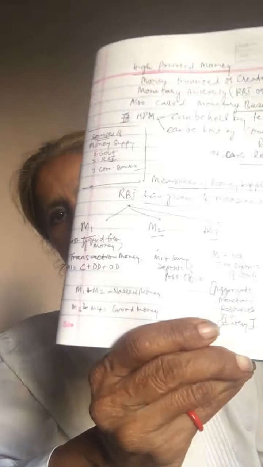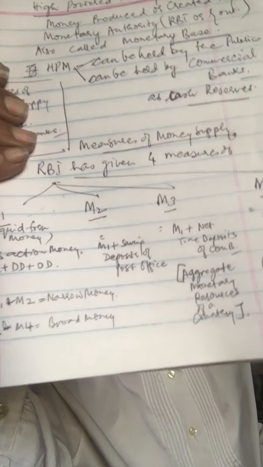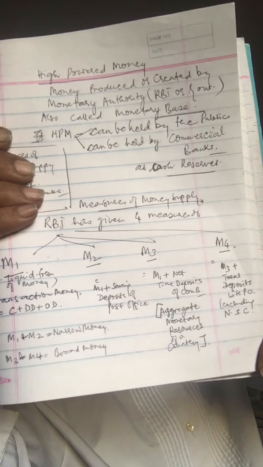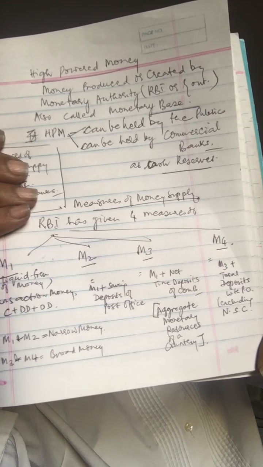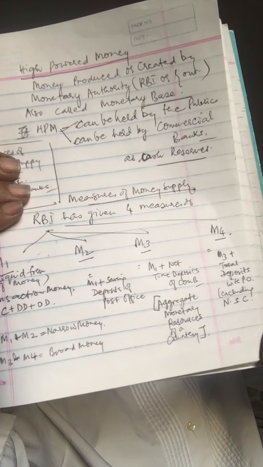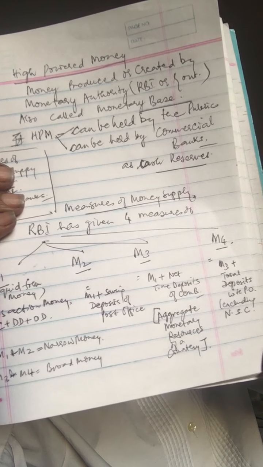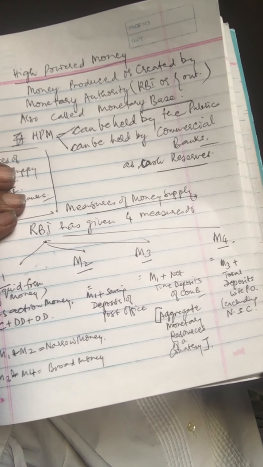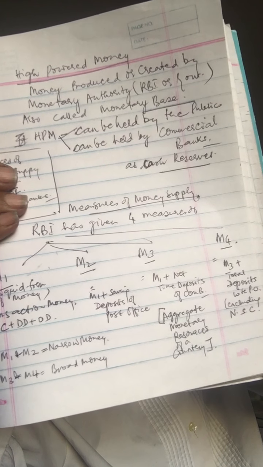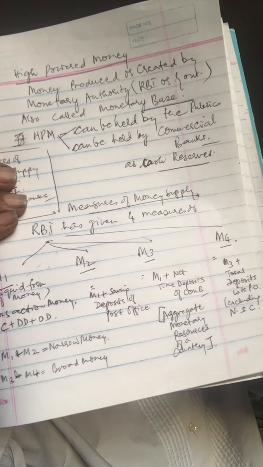It is important to know about high-powered money. It refers to the money produced or created by the monetary authority. In India, it is the Reserve Bank of India, the central bank. This is sometimes known as the monetary base.